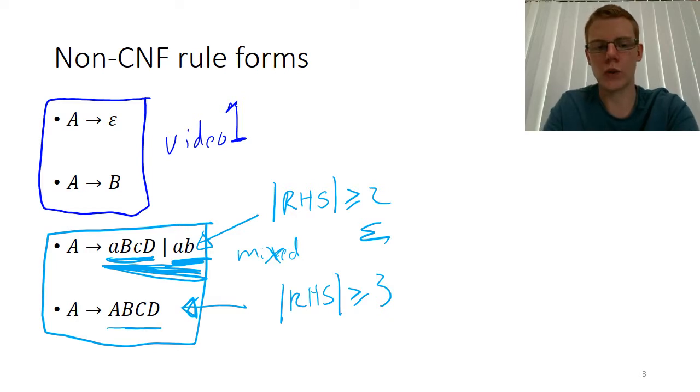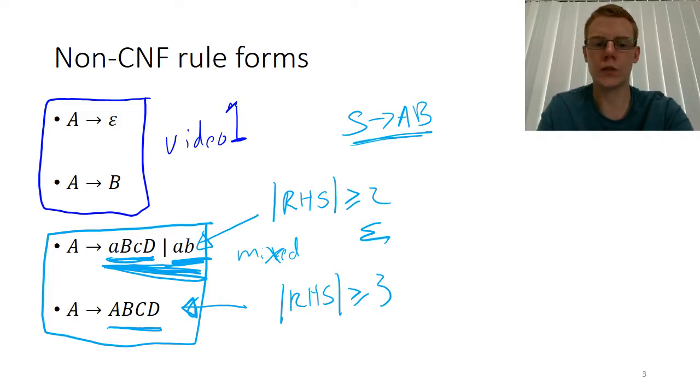And this will contain all of the other rules that don't fit Chomsky Normal Form, because remember that a rule, say S goes to AB, is 2 or longer, but that's valid Chomsky Normal Form. So we only have to handle the ones that are 3 or longer, like this, when they have only non-terminals in them.